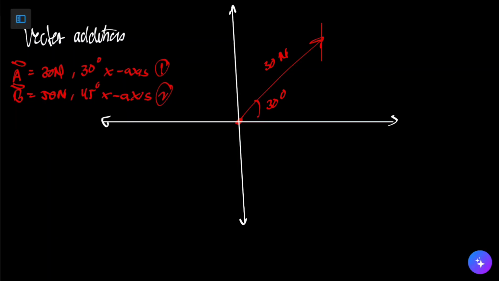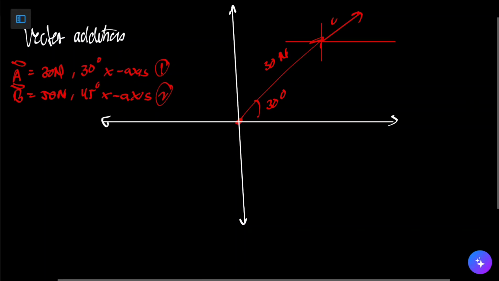So the thing that you can do is just draw another Cartesian plane on the tip of the first vector. We're gonna draw a Cartesian plane, and this one is 45 degrees from the x-axis. So it's around here, like that, and it's 45 degrees. Sorry, 45 degrees and 50 newtons.